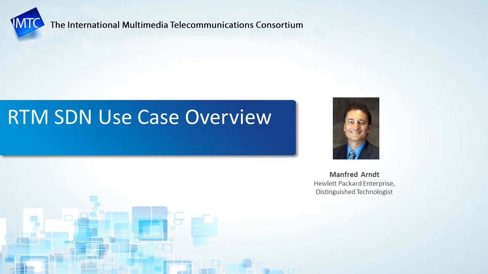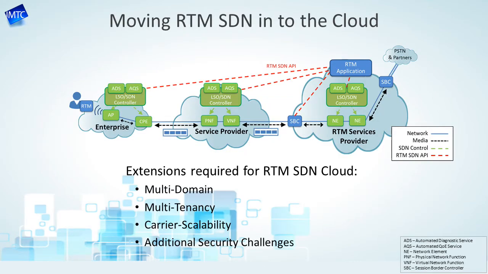Now, public cloud-based RTM deployments introduce some additional challenges that I want to talk about and that we'll cover in the rest of this webinar in a little more detail. So one is multiple domains. A typical RTM deployment involves at least three different administrative domains. One is the enterprise customer domain. Another is the public RTM service provider domain that hosts the applications in their data center, and then the public network provider domain.